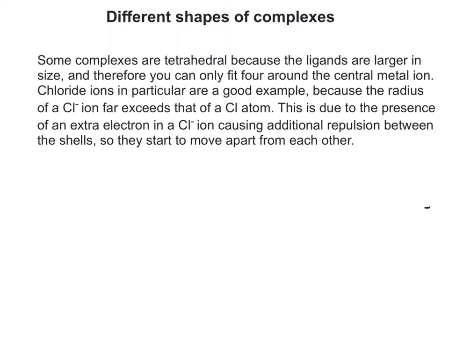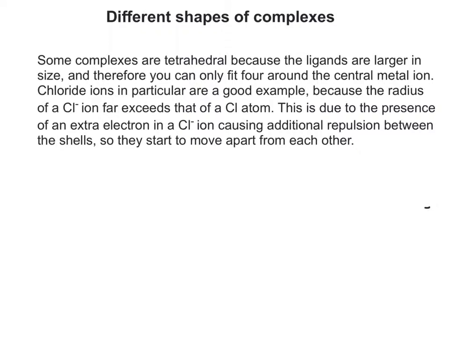Some complexes are tetrahedral, which means you can only fit 4 ligands around the central metal ion. At A-level, chloride ions in particular are a good example, because the radius of a chloride ion far exceeds that of a chlorine atom. This is caused by the presence of an extra electron in a chloride ion, giving rise to additional repulsion between the shells, so they start to move apart from each other.